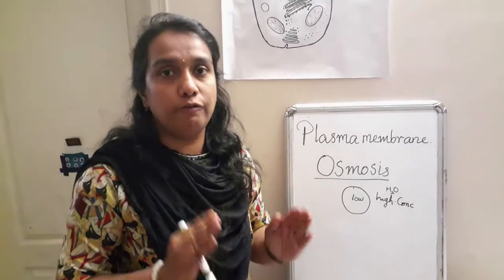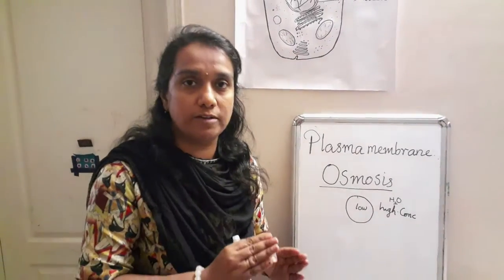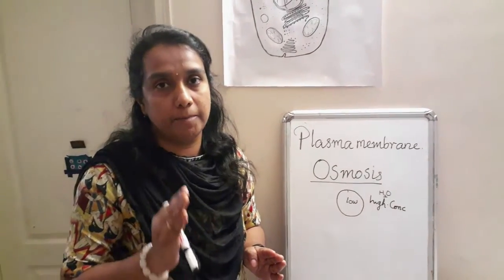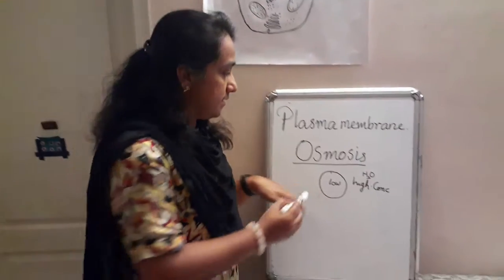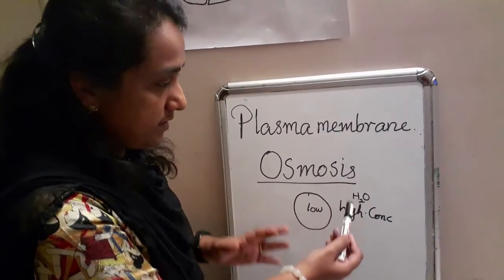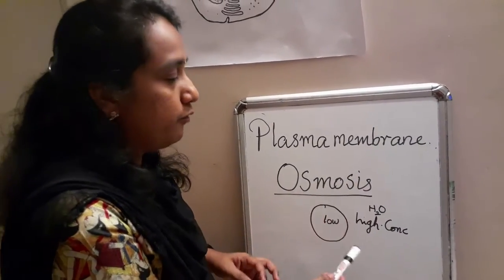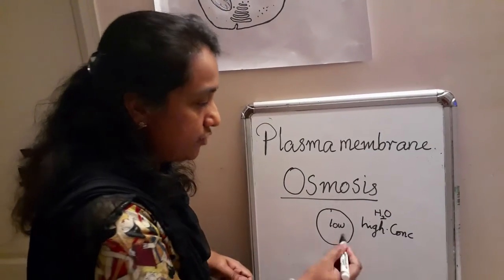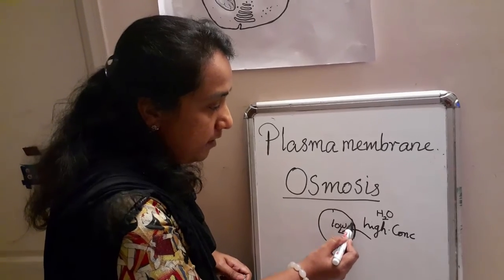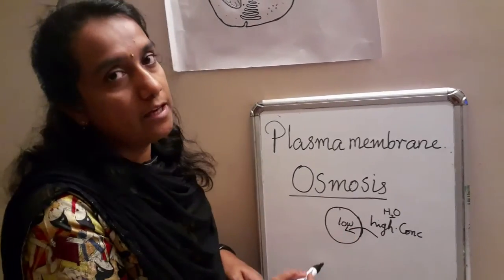Suppose this is a cell. If the water concentration is more outside the cell, then water will move from the high concentration region to the low concentration region through a semi-permeable membrane. This is known as osmosis.